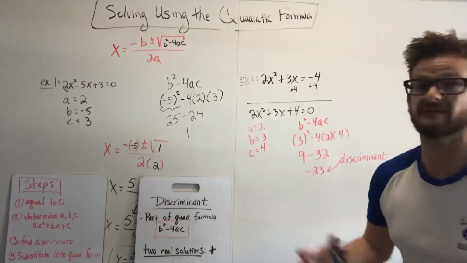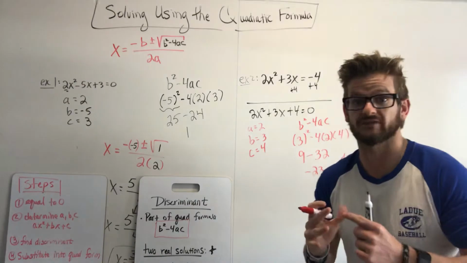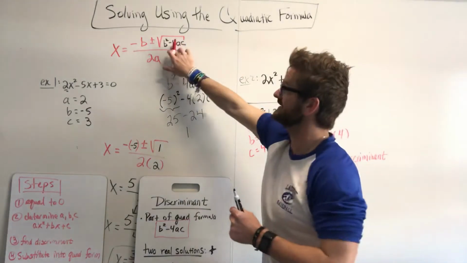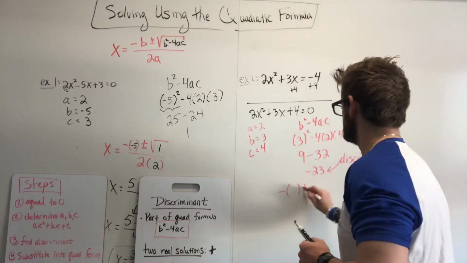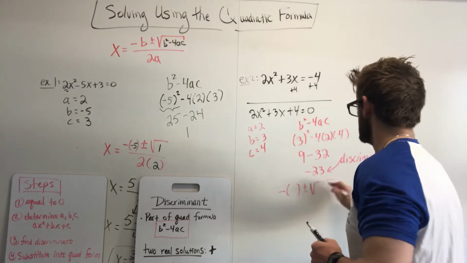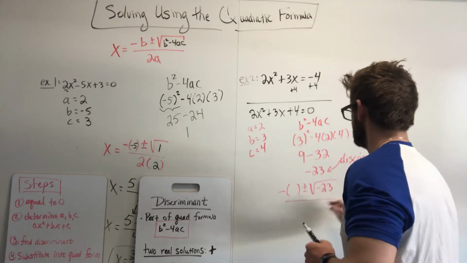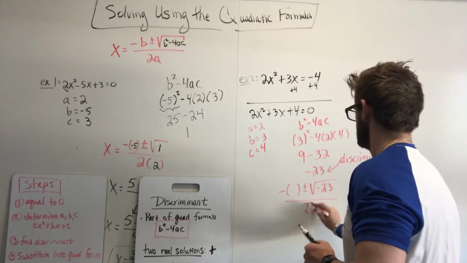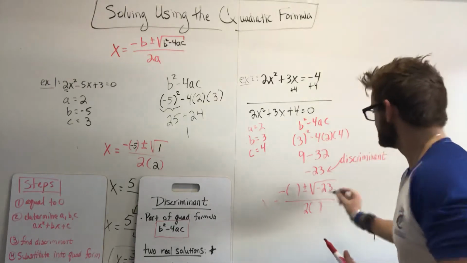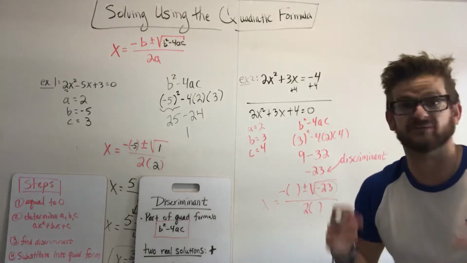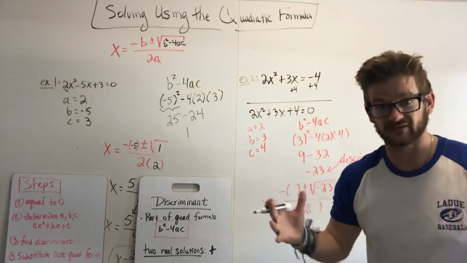Now, since that discriminant is negative, we can go to the quadratic formula and substitute it in under the square root. So let's just see what it looks like really quick. We have opposite b plus or minus the square root of negative 23 all over 2 times a, and that's x equals. When we look at this, the square root of negative 23 we simply cannot do in the real sense.